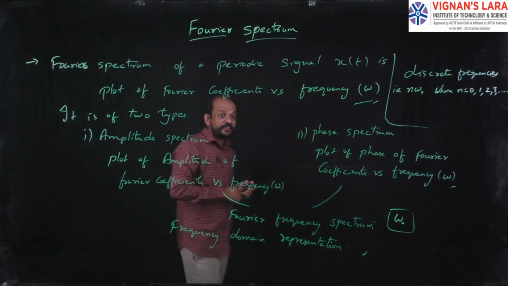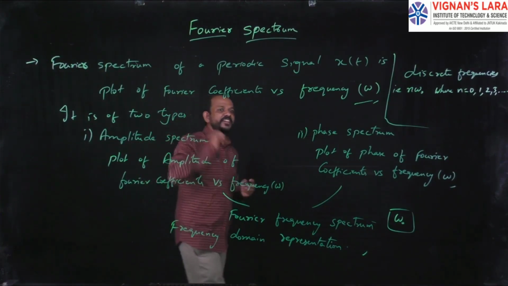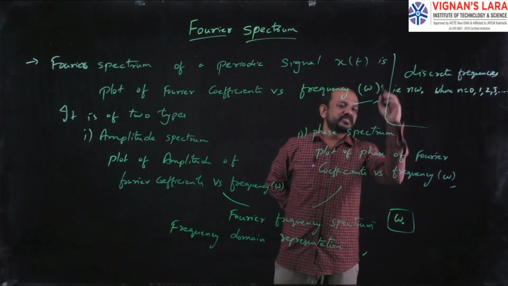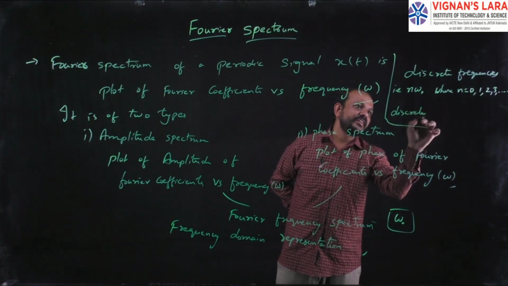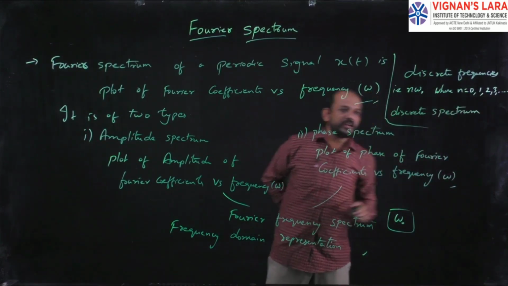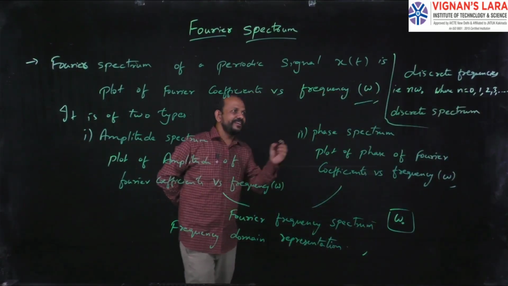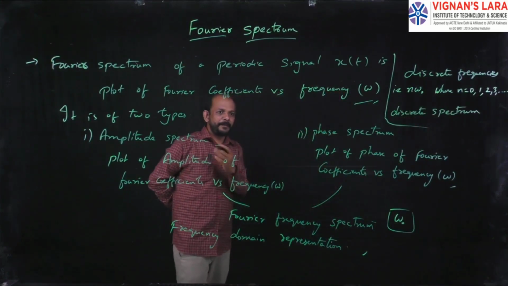Hence, this type of spectrum is called a discrete spectrum. Generally, at discrete frequencies, we get the lines for amplitude or phase.